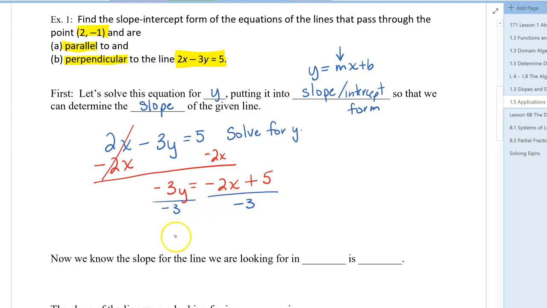And that's going to give me y, because the negative 3's cancel to 1. And then I have negative 2x over negative 3 plus 5 over negative 3.